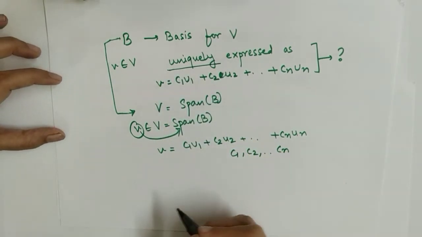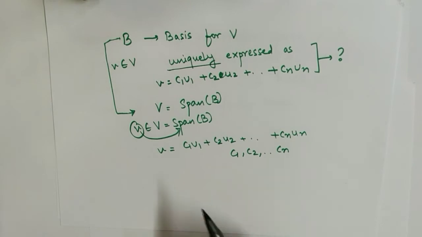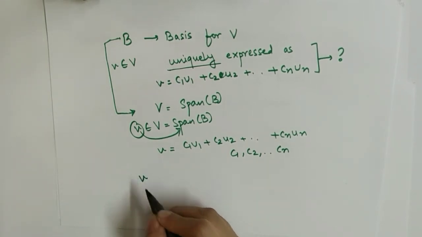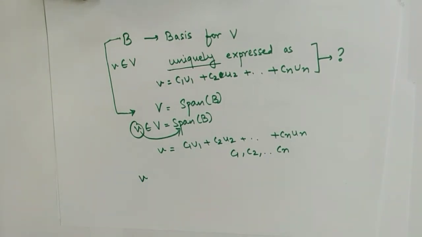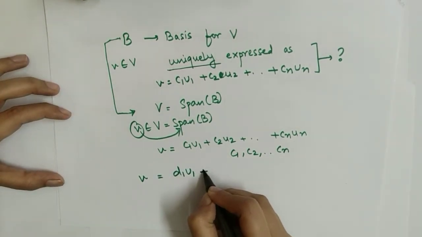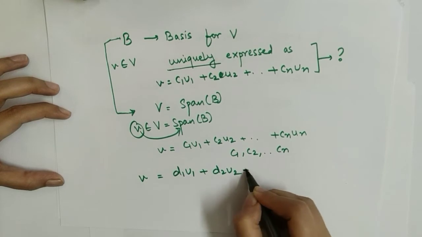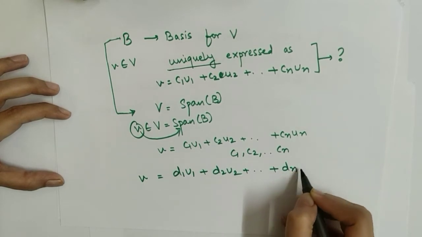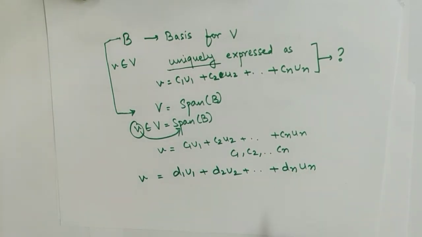So we will assume that the representation is not unique. So we are able to find some other scalars d1, d2, up to dn such that v can be written as d1u1 plus d2u2 plus up to dnun.